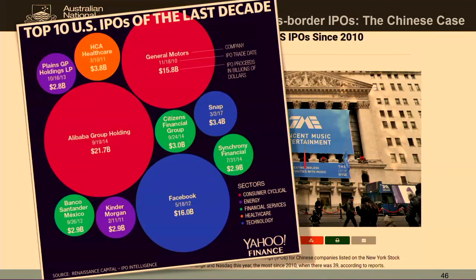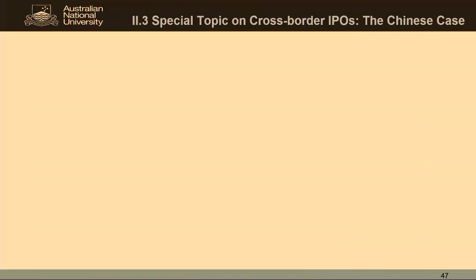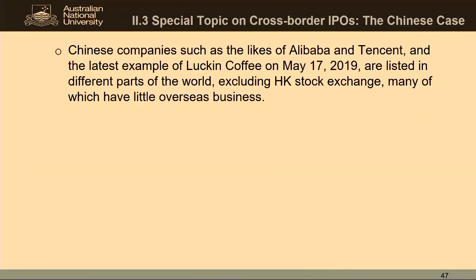So in this case, of the top 10 US IPOs of the last decade, which is the biggest IPO? By looking at the size of the bubble, Alibaba, right? So the biggest IPO in US history of the last decade is a Chinese company that became directly listed on a foreign market. So why is that the case, right?